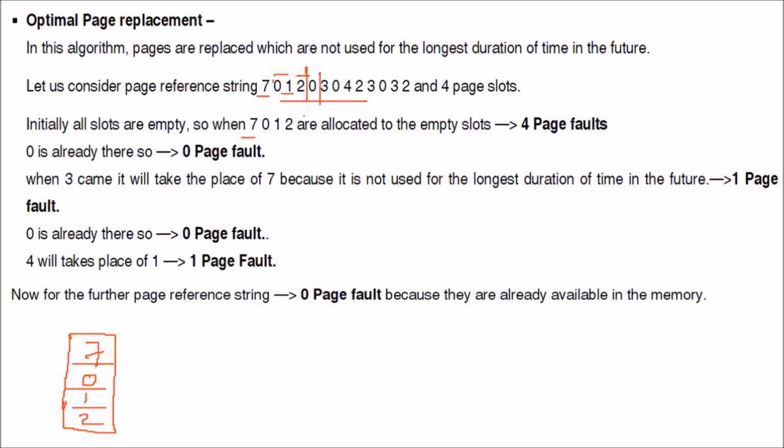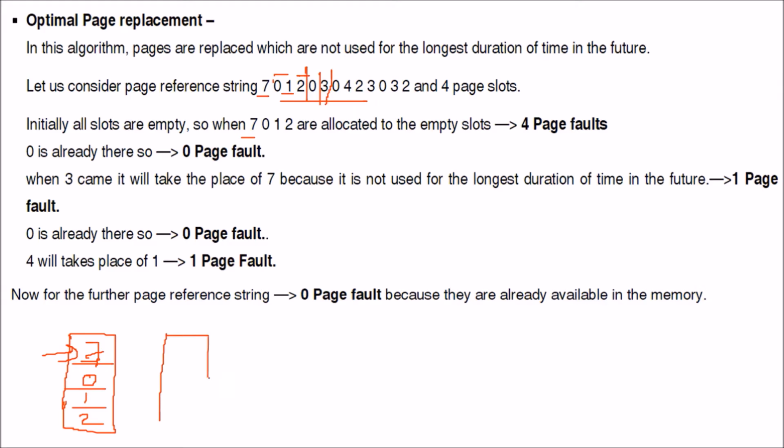Now 0 will come. 0 is already here, so there will be no page fault. Now 3 will come. Since 7 is not being used for the longest duration of time, and we assume that 7 will not be used in the future also, we'll replace 7.